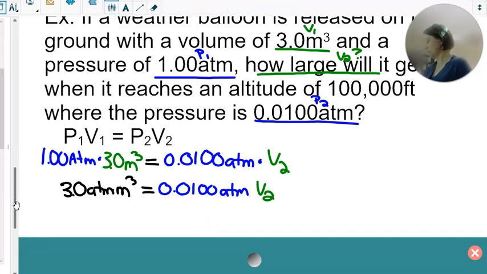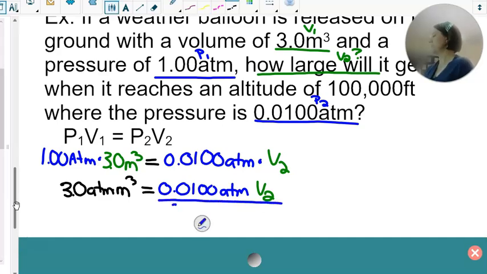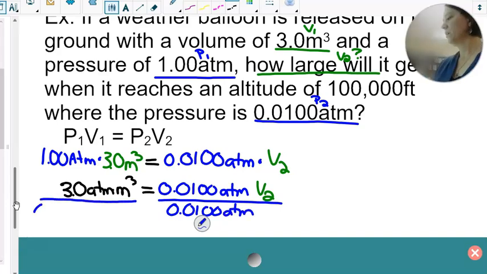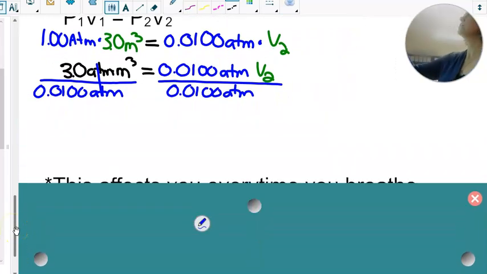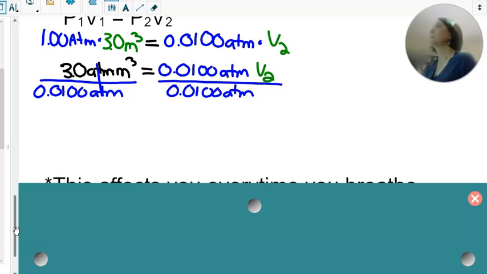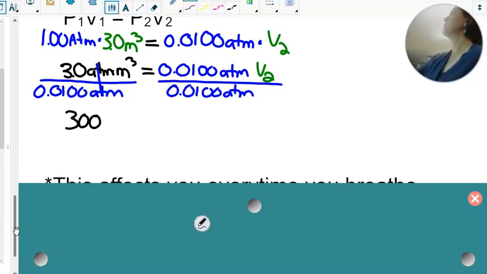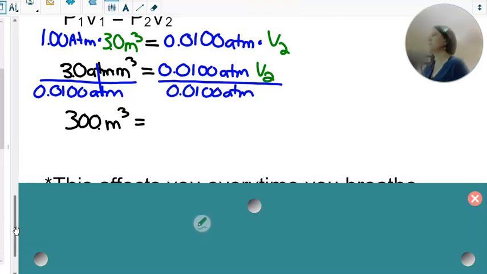Well, to solve for V2, we're going to divide each side by 1/100th, 0.0100 atm over 0.0100 atm. So the atms cancel. And we have 3 divided by 1/100th. So we're going to have 300 cubic meters equals our second volume.